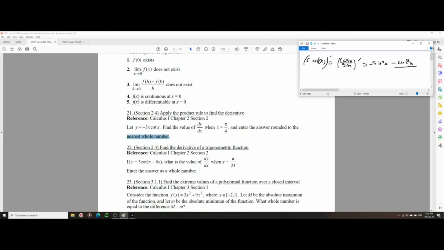Yeah, now it definitely makes sense. That's why I paused. I was like, what? You're not supposed to get that. So anyways, let's factor minus 1 out. You're left with sine squared x plus cosine squared x.